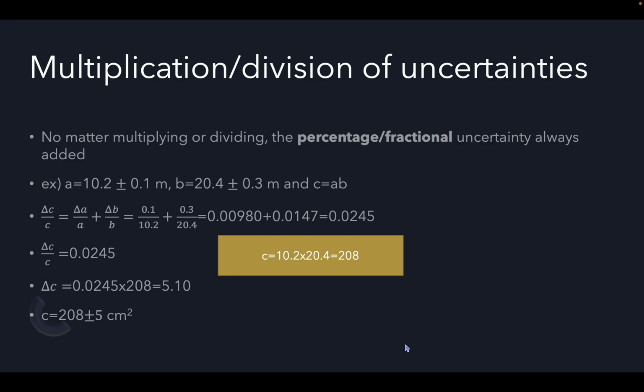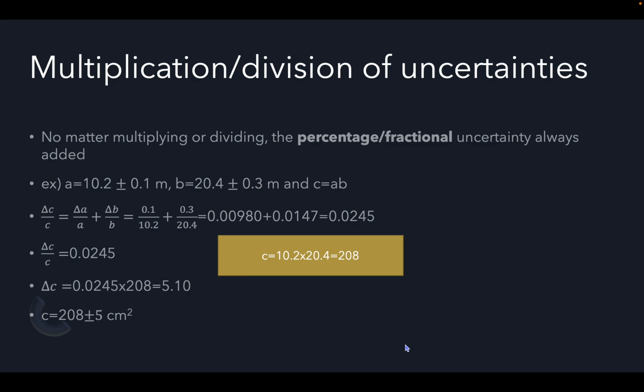And this gives us the final value of 0.0245, and this would be equal to delta c over c. And as c would be 10.2 times 20.4, this would be 208.